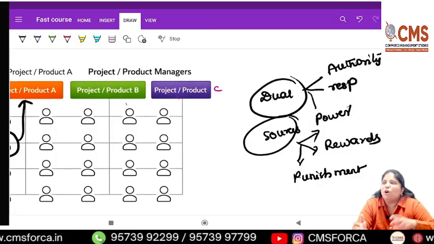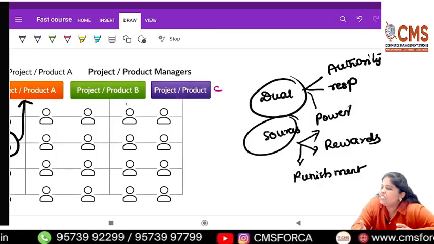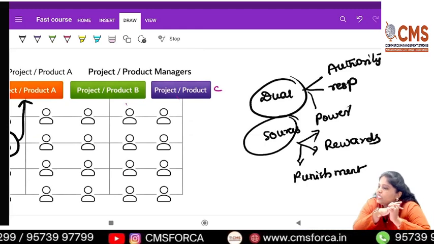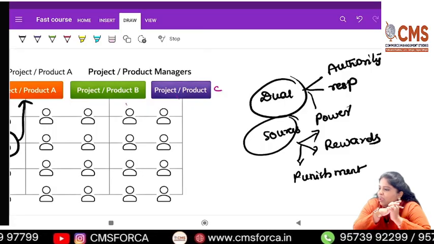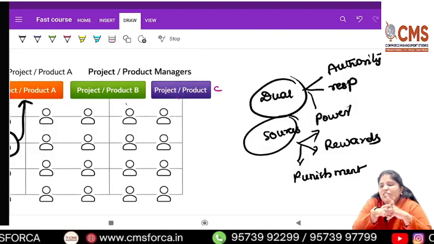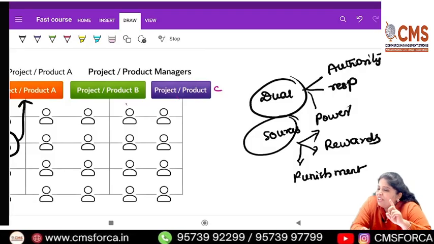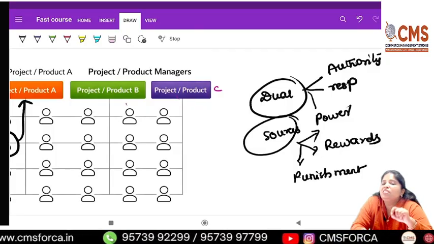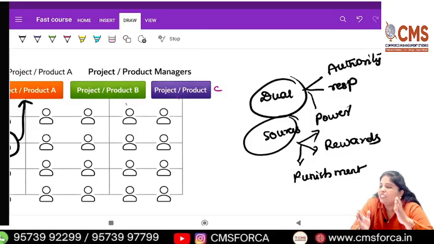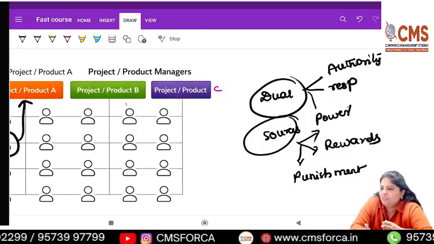Now, if you want your matrix structure to be very successful, what are the requirements? This is one key concept you can expect in your exam. Matrix structure can be successful only when your employees are well trained. You need a strong communication network.